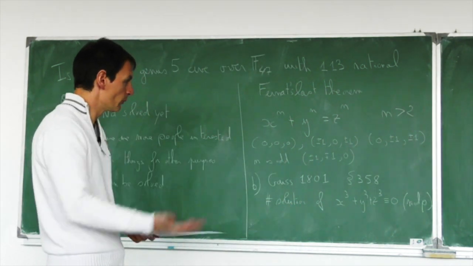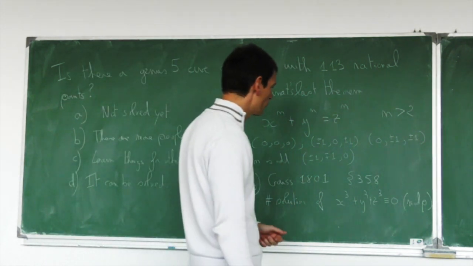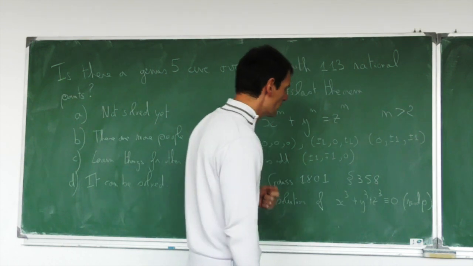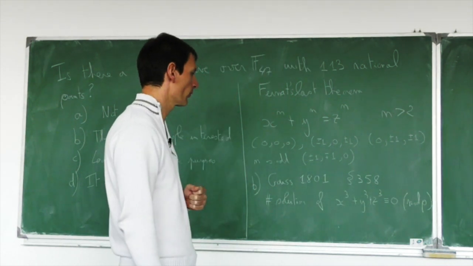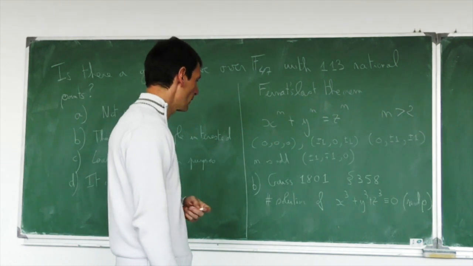If we reformulate in the terms of finite fields, as you will see, this is really counting the number of rational points on a curve over Fp.